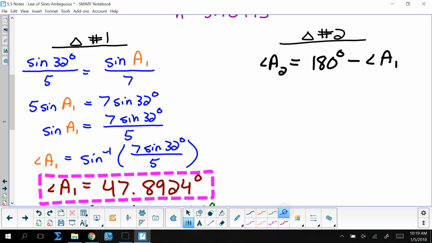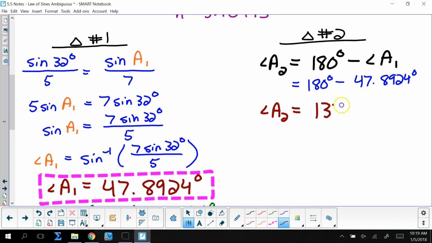So this is going to be 180 degrees minus 47.8924 degrees. So angle A sub 2 is 132.108 degrees.